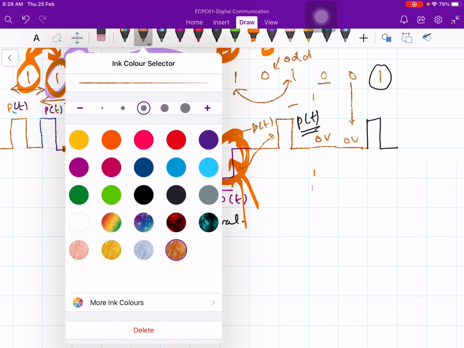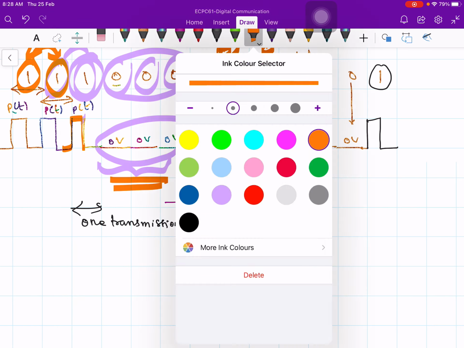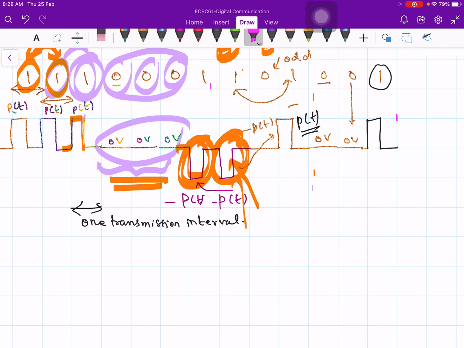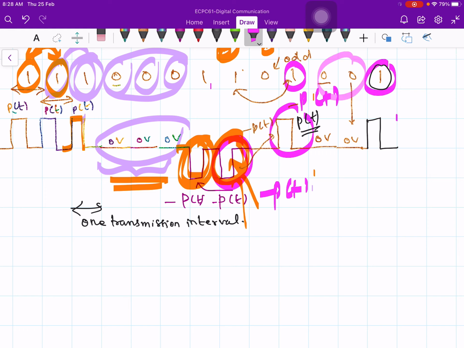Therefore you reverse the polarity here. Here the polarity is minus pt and here the polarity is pt. And now in between this one and this one, even number of zeros. So don't change the polarity. So same p of t here.